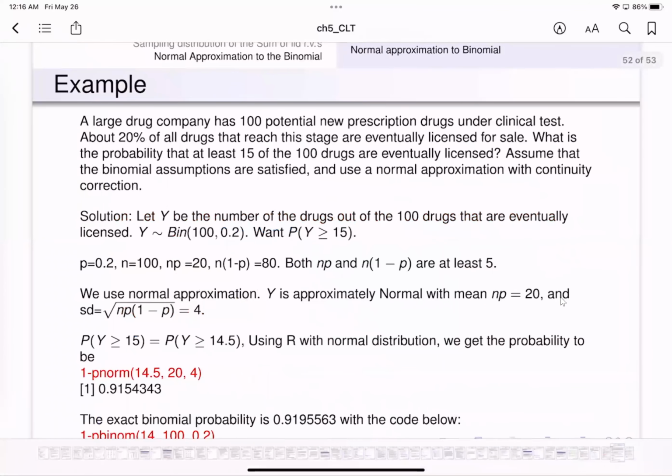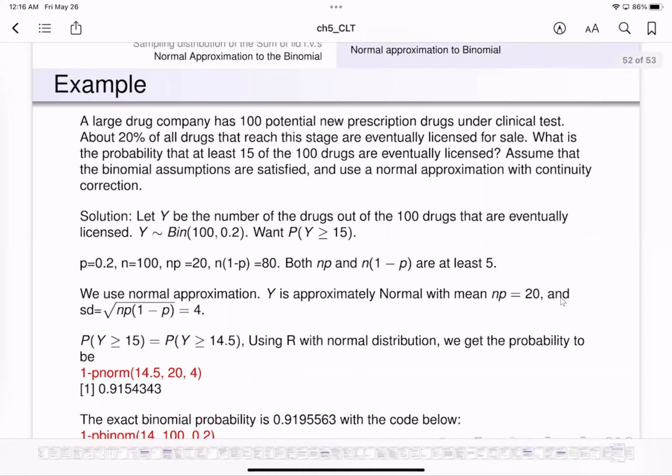So for example here, we consider 100 potential new prescription drugs under clinical test. 20% of those will be licensed for sale. What's the probability that at least 15 out of 100 drugs are eventually licensed? So here we have n equals 100 and success probability p equals 0.2.